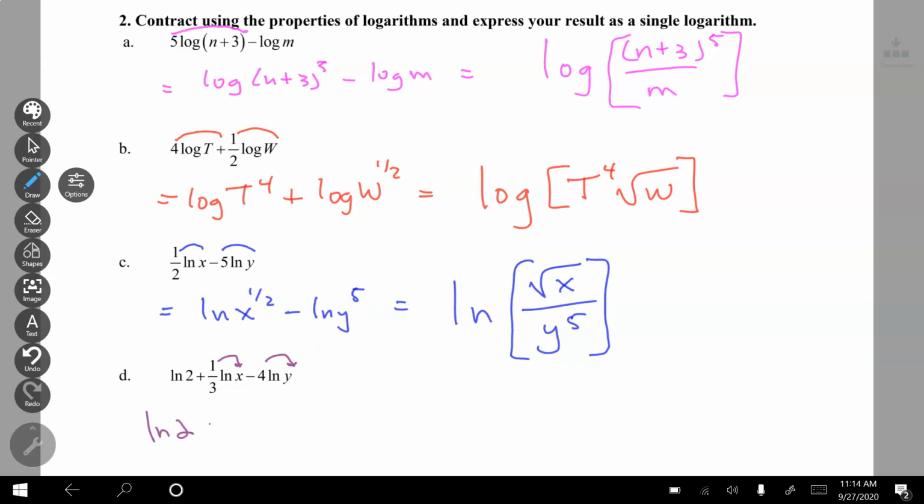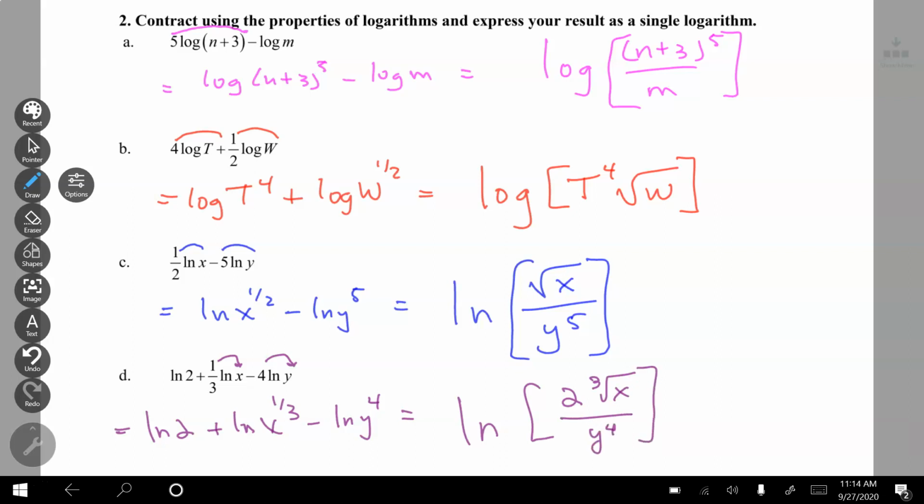Ln of 2 is by itself, plus ln of x to the 1/3 minus ln of y to the 4th. And then I can rewrite it as 1 log: 2 times the cube root of x, or x to the 1/3, over y to the 4th is what I get as a final result.